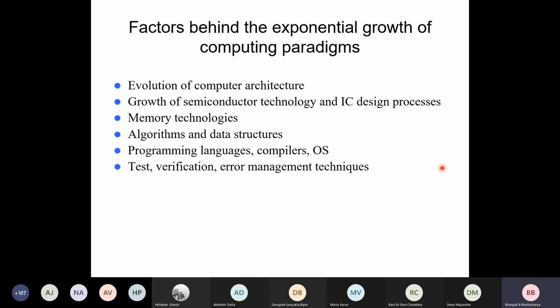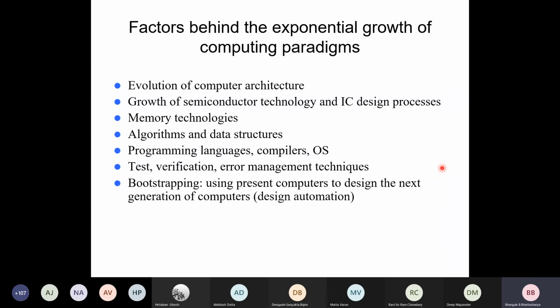Imagine that you have billions of transistors, so you need a mechanism to ascertain whether the circuit has been designed correctly. So you need verification, and the circuit should function correctly. You need testing and so on, fault tolerance and error management. And bootstrapping, we talked about that. Use the power of present computers to handle the complexities of next generation computers.